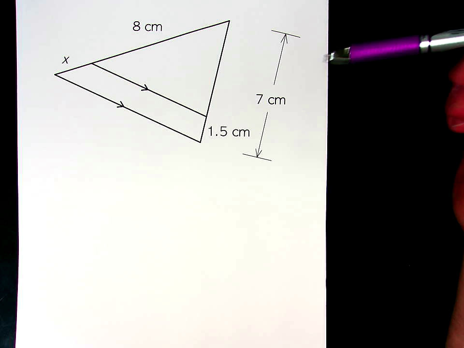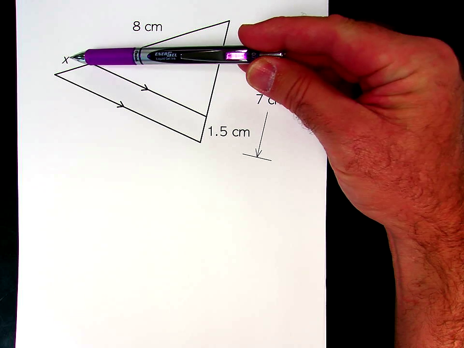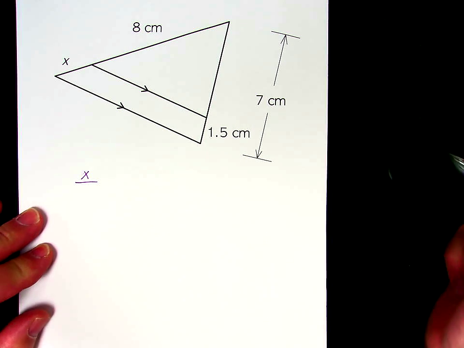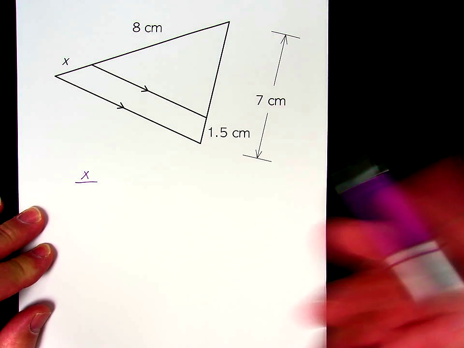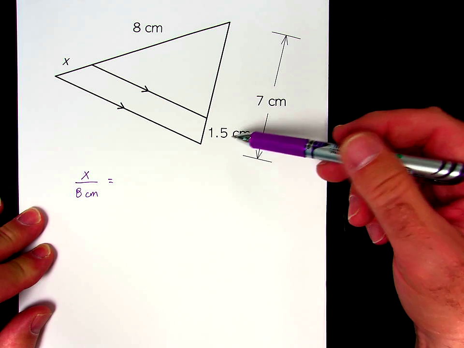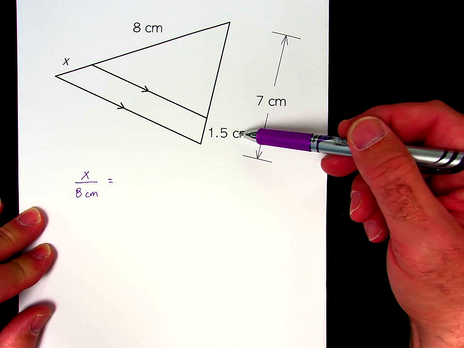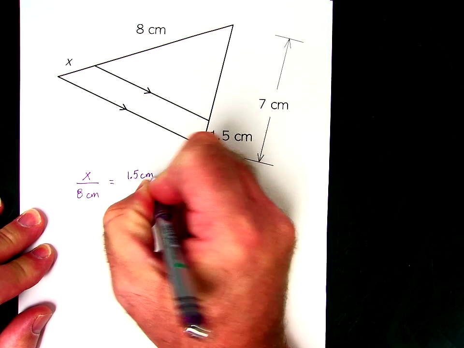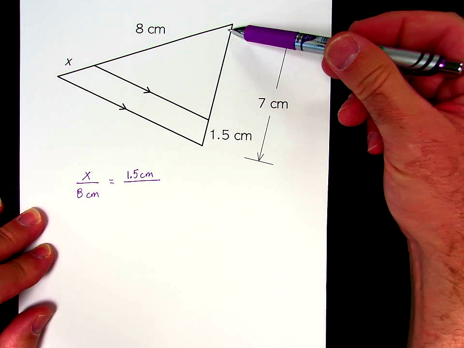So if I'm trying to find x, I can compare x to the 8 centimeter length in the same way that I can compare 1 5/10 centimeters to this length.